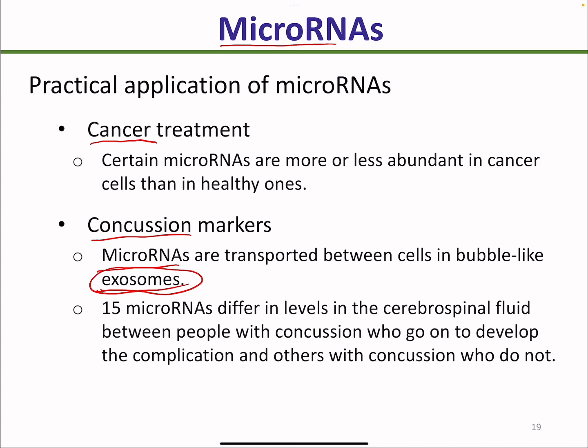Okay? And it has been shown that in case of concussion, 15 microRNAs differ in levels in the cerebrospinal fluid between people with concussion and people who do not have concussion, right?